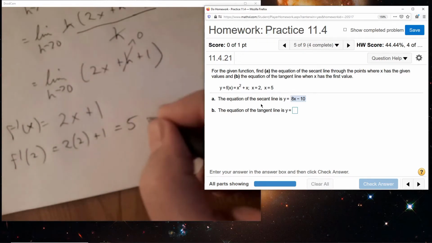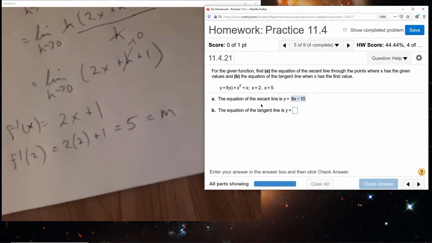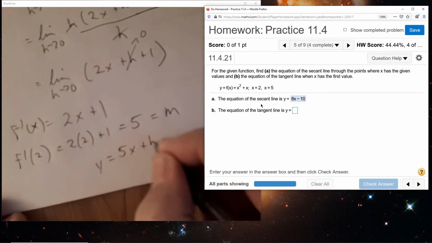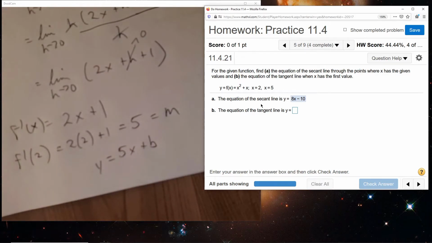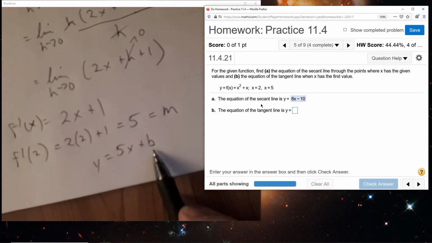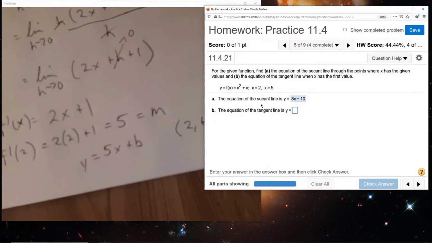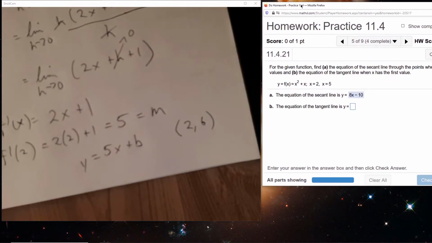So the slope of our tangent line is 5. The last thing to do is to figure out the y-intercept. And to do that, we need an ordered pair. And if you recall, we used the ordered pair 2, 6 for the secant line.